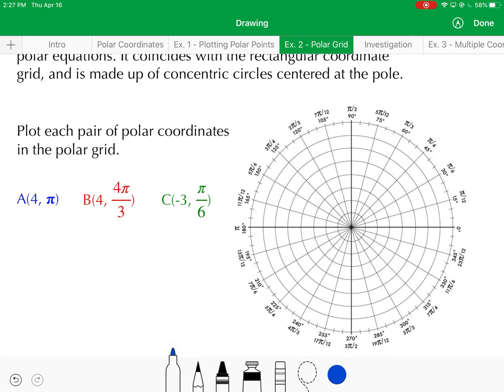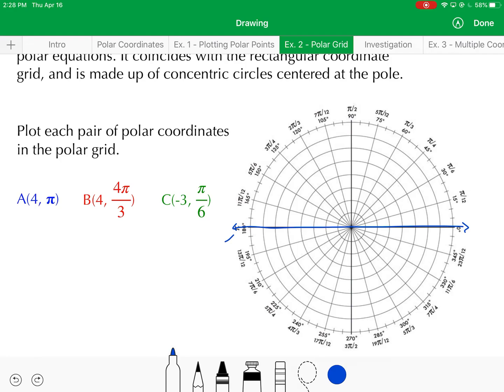So what I mean by that is this line right here is coinciding with the x-axis in the rectangular coordinate system, and then this line corresponds with the y-axis. Okay, and of course their intersection point, the origin, is where you would have your pole.